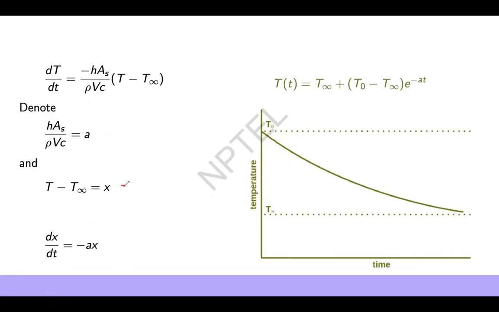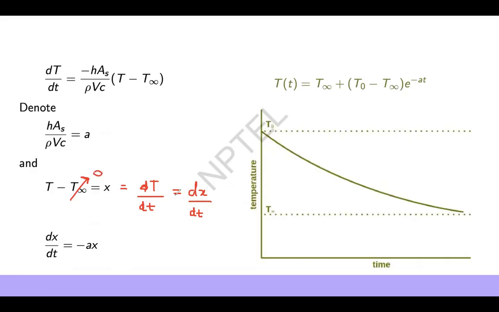So here, if you take the derivative on both sides, you get dT by dt is equal to dx by dt, because the derivative of this term tends to 0, not the value, the derivative of it.